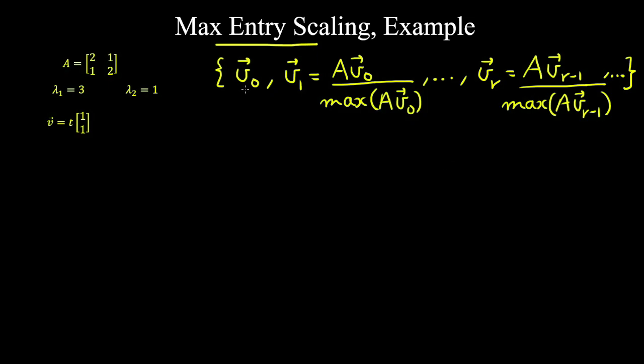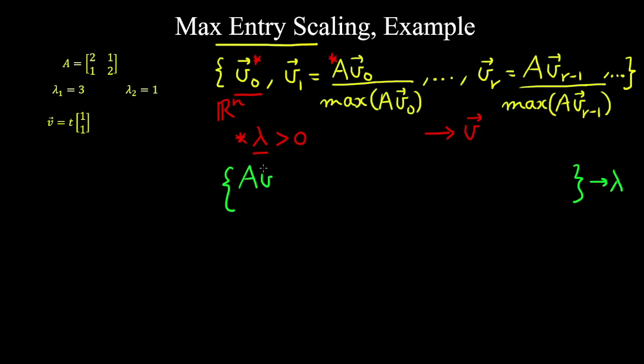So again, given our initial vector V0 and our symmetric matrix A with a positive dominant eigenvalue and our non-zero initial vector V0 in Rn, which is not orthogonal to the eigenspace corresponding to the dominant eigenvalue, then this sequence converges to an eigenvector corresponding to the dominant eigenvalue, and the following sequence converges to the dominant eigenvalue.